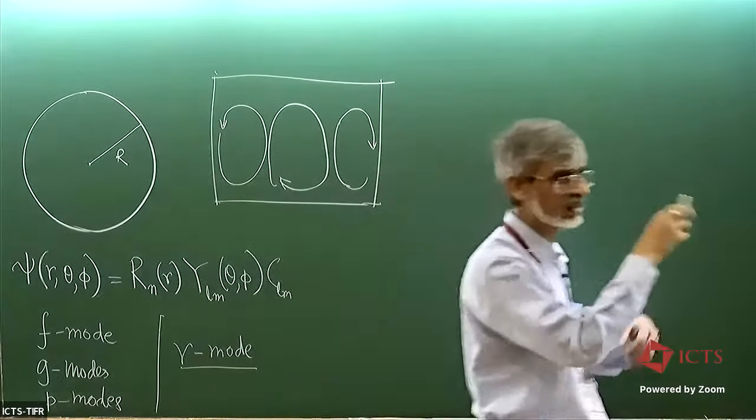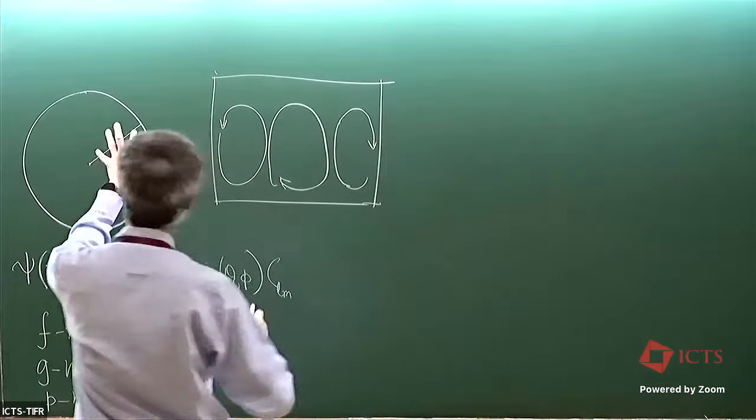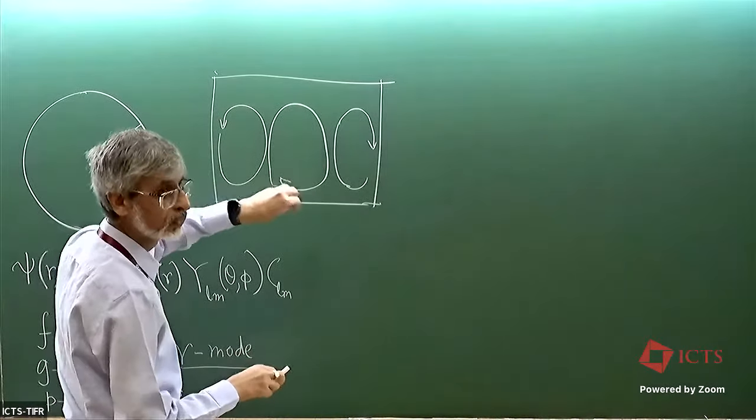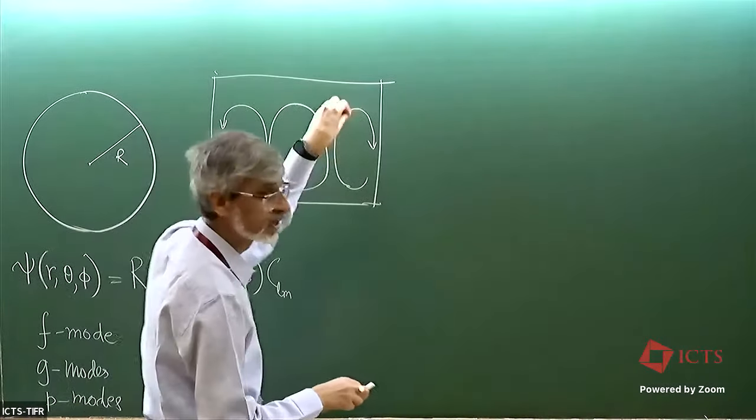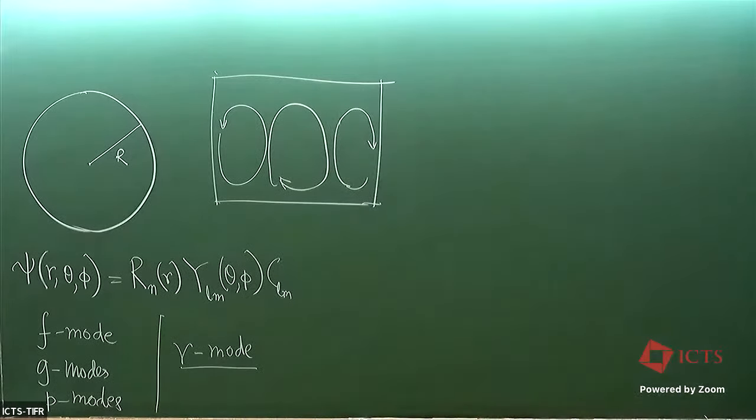So that's the way the R mode instability works. The material on the surface will undergo circulations like this, and the number of nodes here is the azimuthal quantum number m, azimuthal order m.